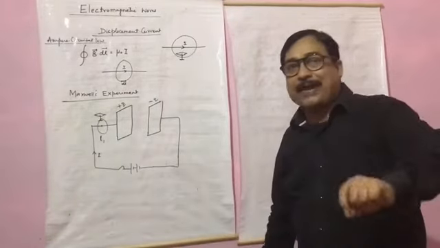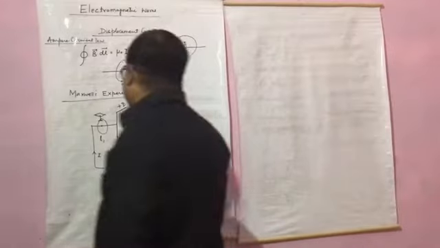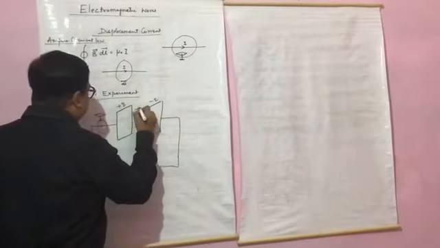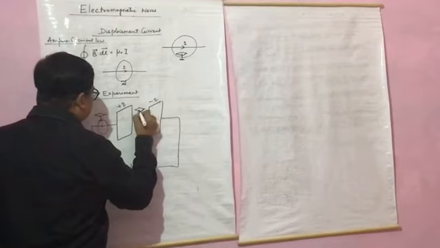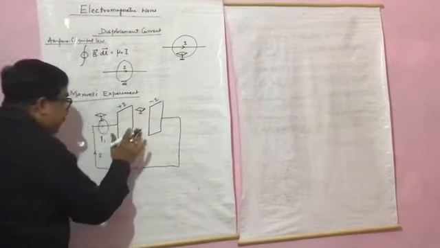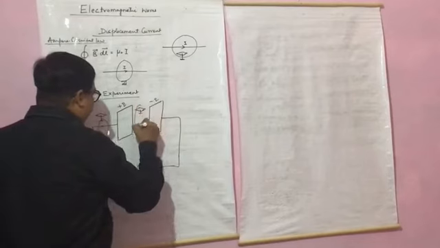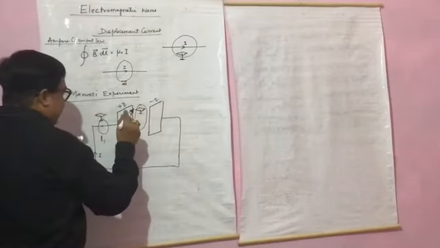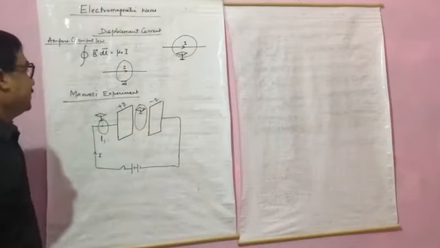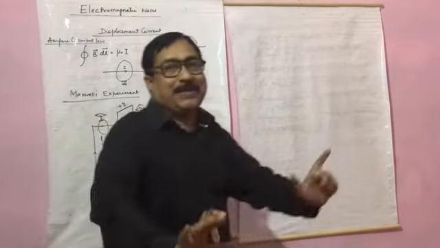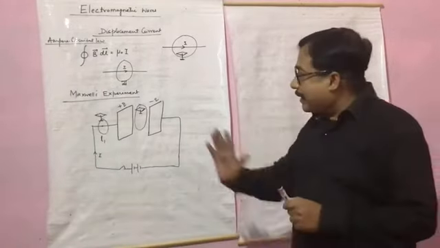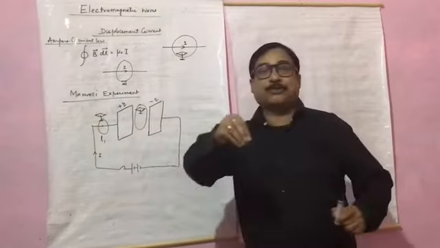But the actual surprise comes when he places the needle between the two plates, where there is no conductor, and he imagined a loop without any conductor. Here comes the surprise: that magnetic needle shows deflection.